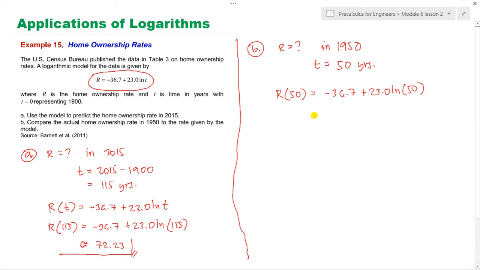Plug in: negative 36.7 plus 23 multiplied by the ln of 50. The answer is approximately 53.28. That is the home ownership rate in 1950 given by the model.